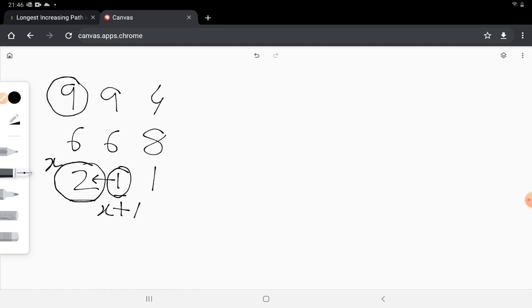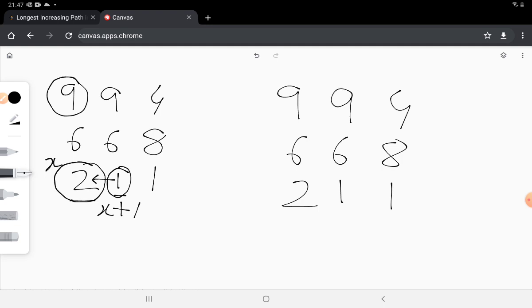So let me write down this matrix again. It is 9, 9, 4, 6, 6, 8 and 2, 1, 1. So we'll start from the top left corner of the matrix, with 9. Is there any cell to which we can move from 9? No, none at all, because the cell to which we can move has to be larger in value. 9 is already the largest, so we cannot move anywhere.